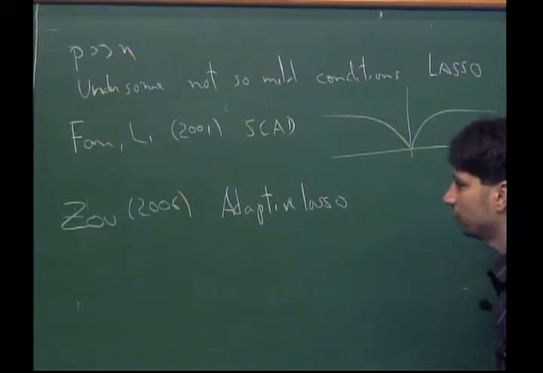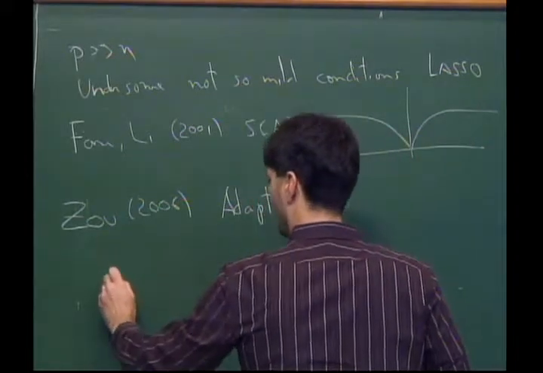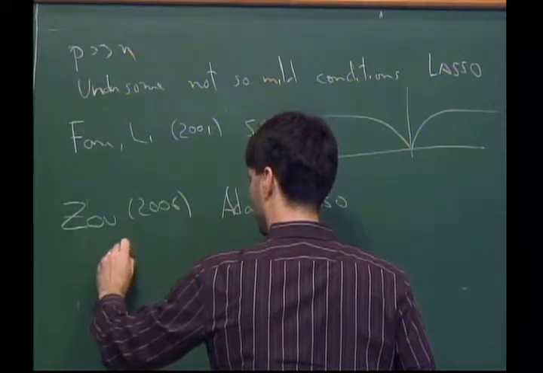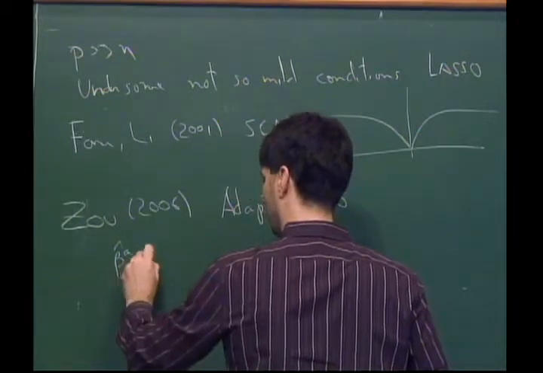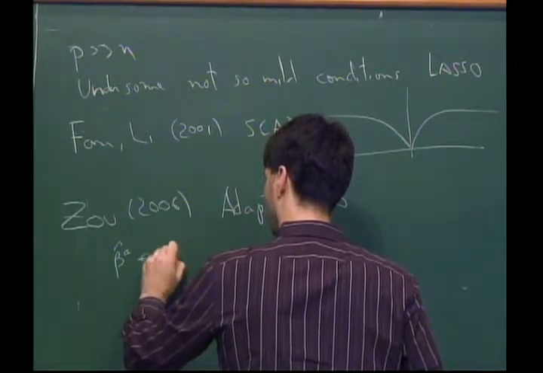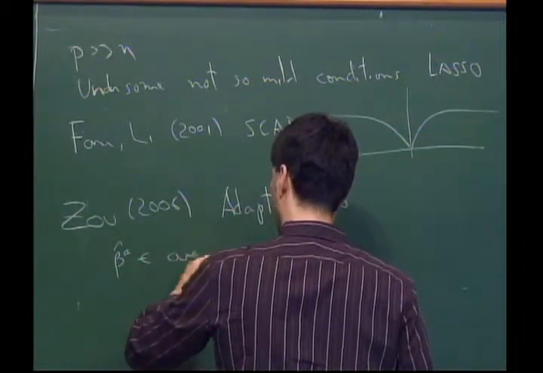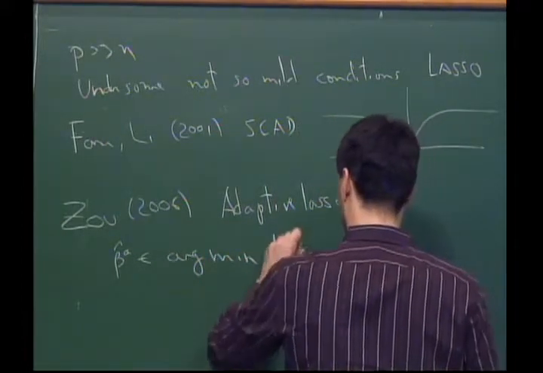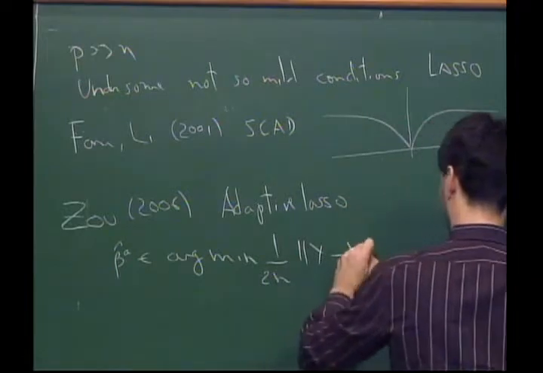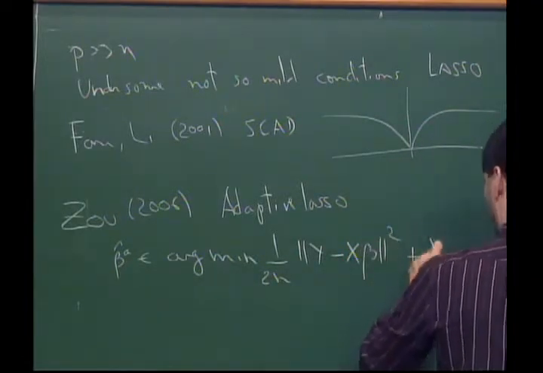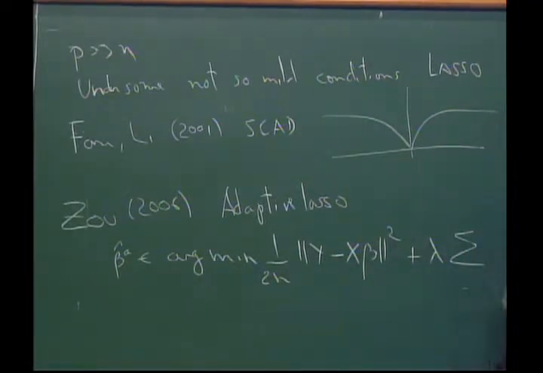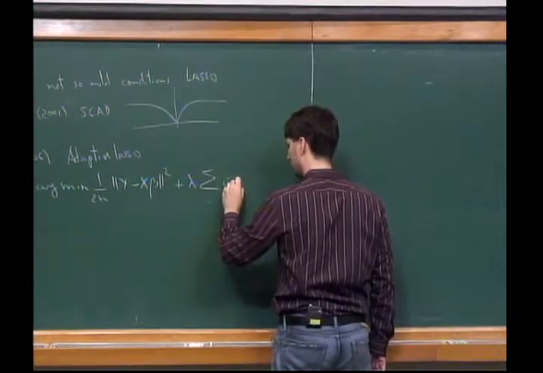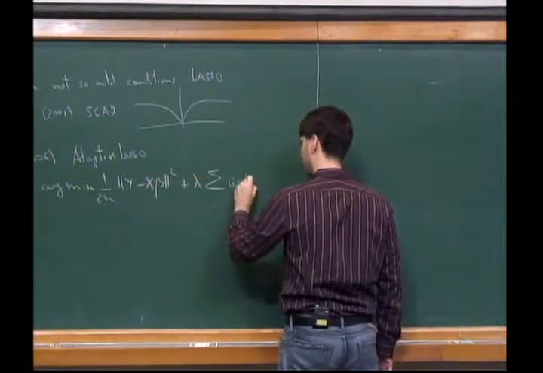And what adaptive Lasso does is that the adaptive Lasso estimator is going to be similar to Lasso, but instead of using the L1 norm, it's going to use a weighted L1 norm.